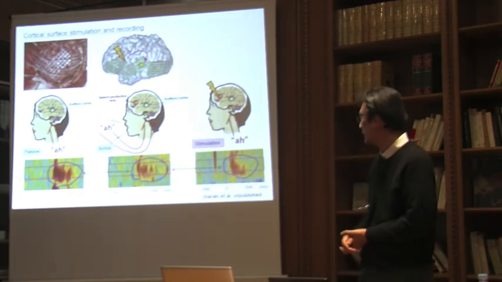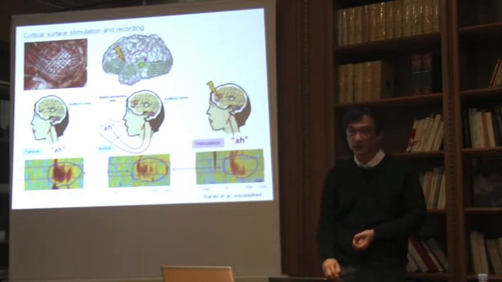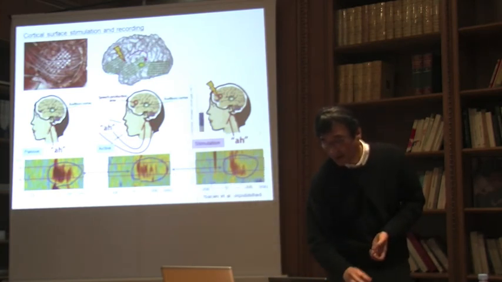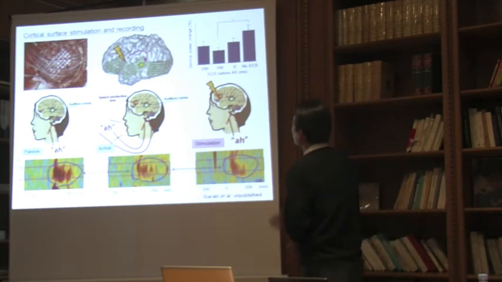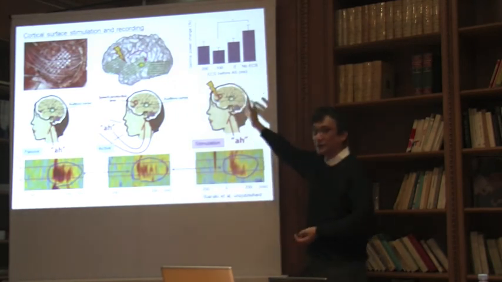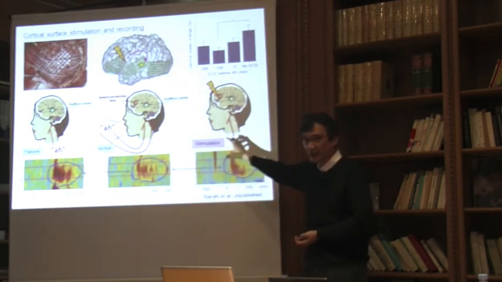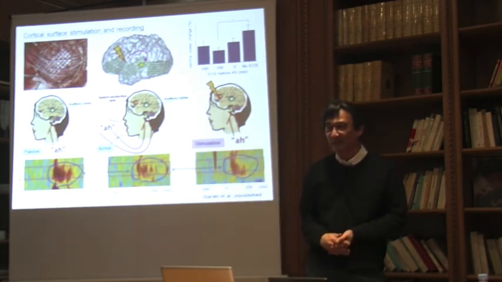And then there was a suppression of the auditory response. And this stimulation effect was temporally specific. When this stimulation was given at about 100 milliseconds after the auditory stimulus onset, there was a reduction in the response.